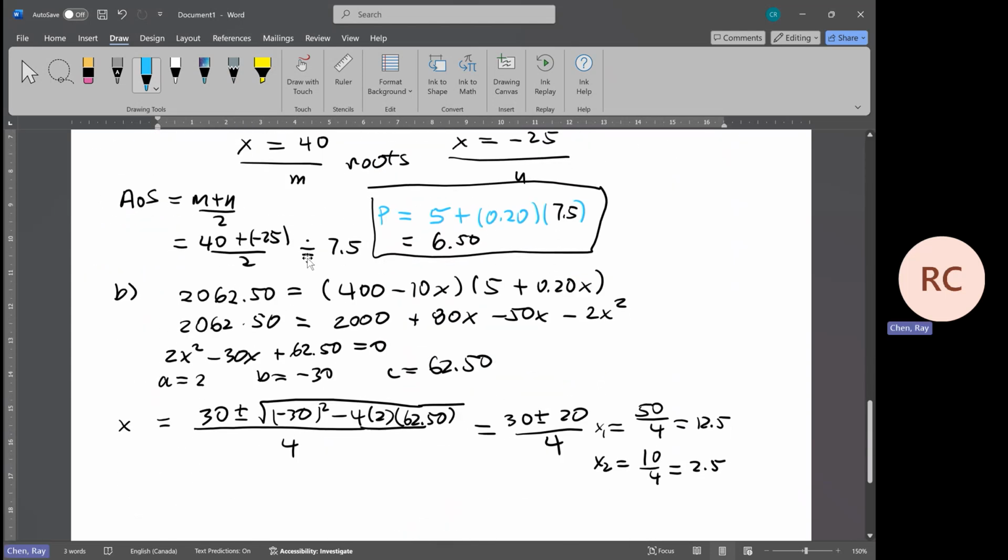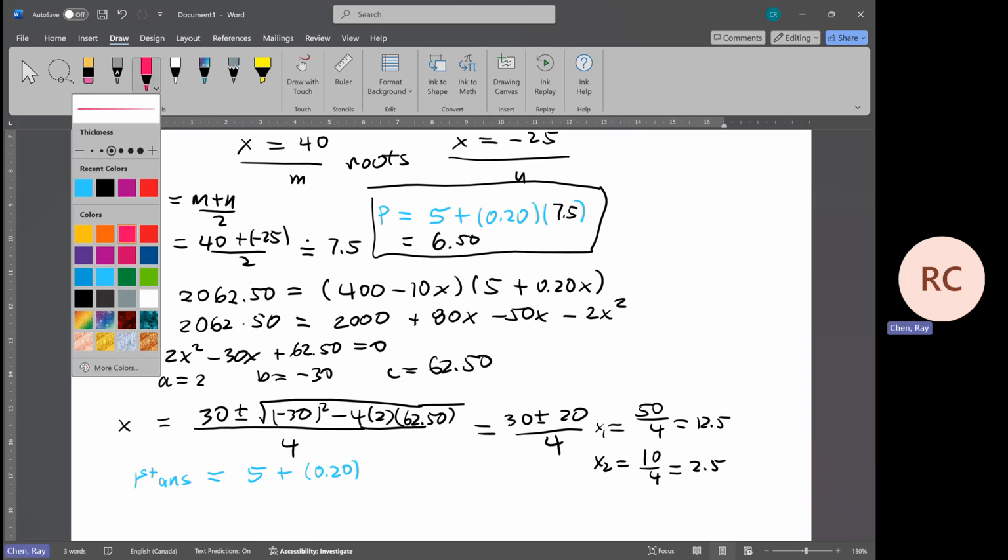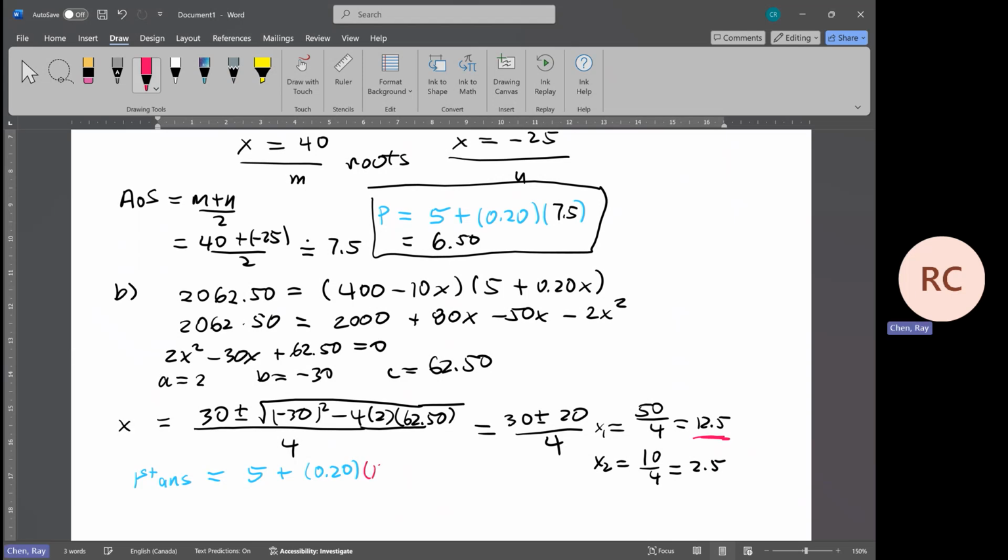For the first answer, I'll write down first answer is equal to 5 plus 0.20, and we'll use the first answer times 12.5. And so this first answer is going to be $7.50.